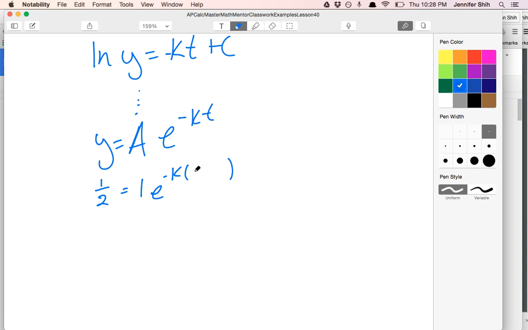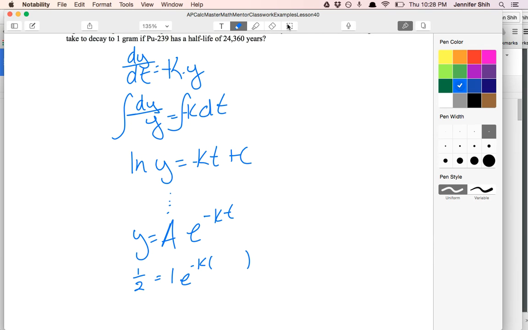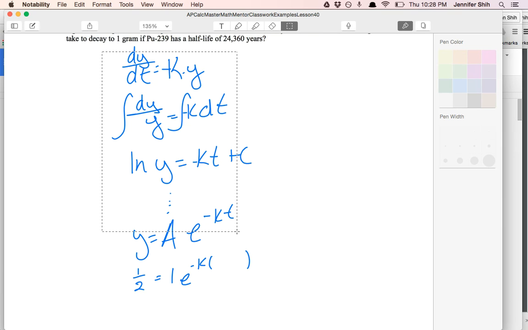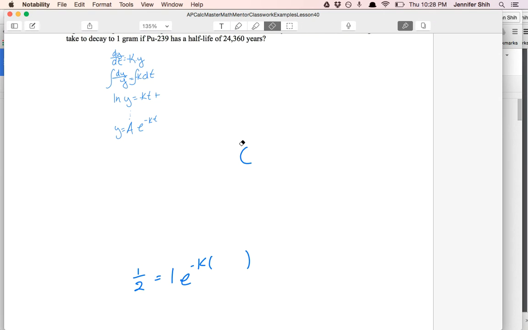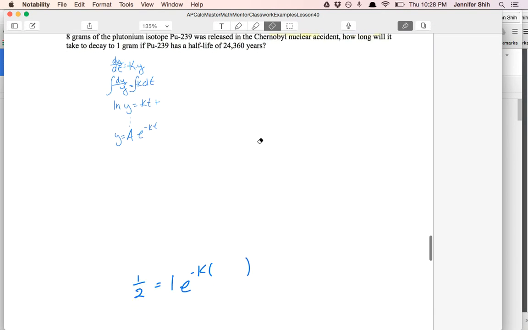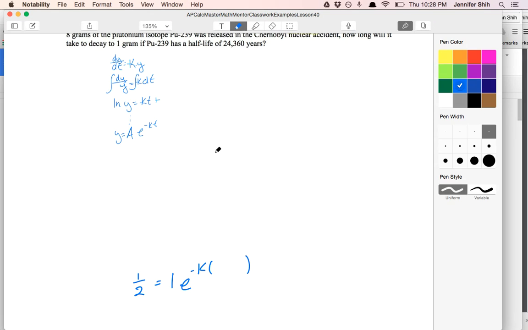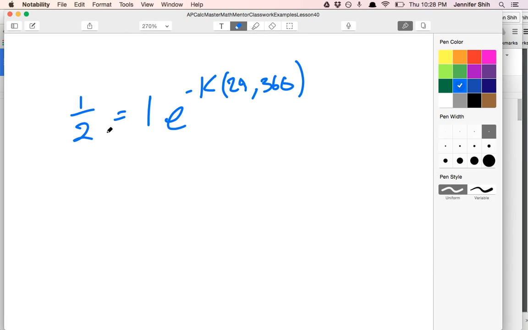We're looking for this K value. We're going to solve for K, but our time is going to be how long it takes when the half-life is 24,360 years. So now we're solving for a K value so that we can solve our differential equation.